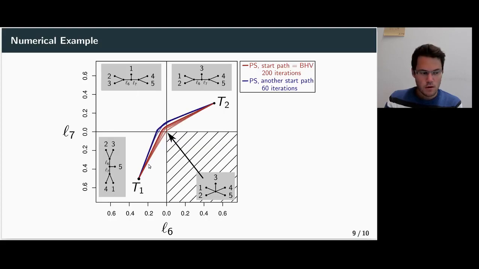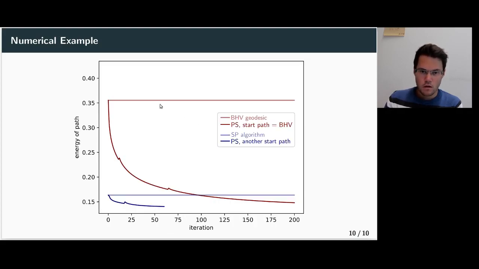But just from this picture, you cannot assess the quality of those paths, but we have to look at the energy of those paths. Now here you see the energy of the BHV geodesic, which is, just to mention, not a geodesic in Wald space. The geometries are completely different. And then applying path straightening decreases the energy, which is good, which makes it more approximately a geodesic.